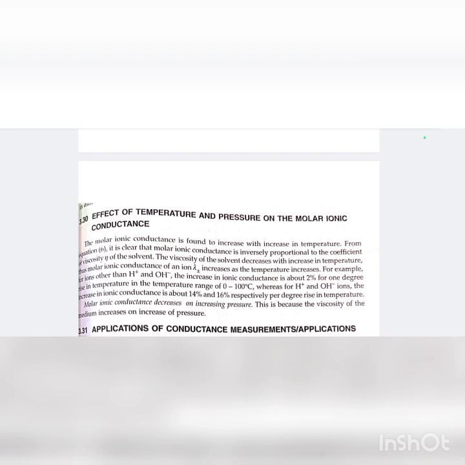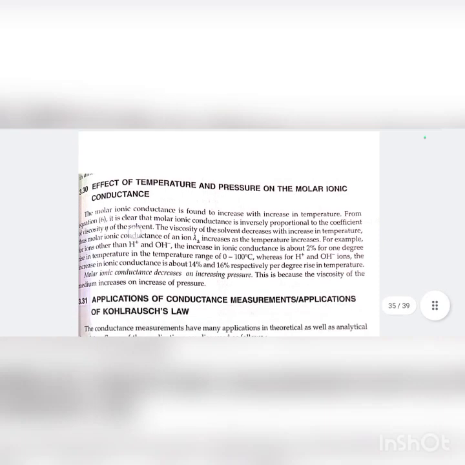For example, for ions other than H positive and OH negative, the increase in ionic conductance is about 2% per degree in the temperature range of 0 to 100 degrees Celsius, whereas for H positive and OH negative, the increase is about 14 to 16% per degree rise in temperature. Molar ionic conductance decreases on increasing pressure. This is because the viscosity of the medium increases on increase of pressure.